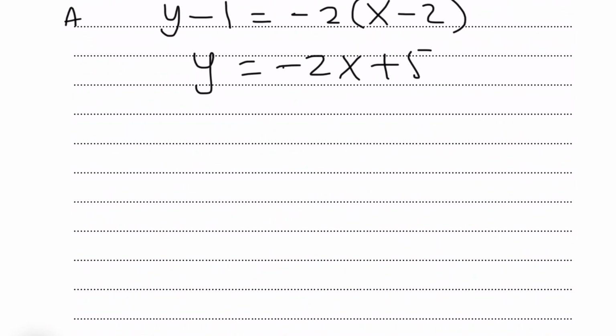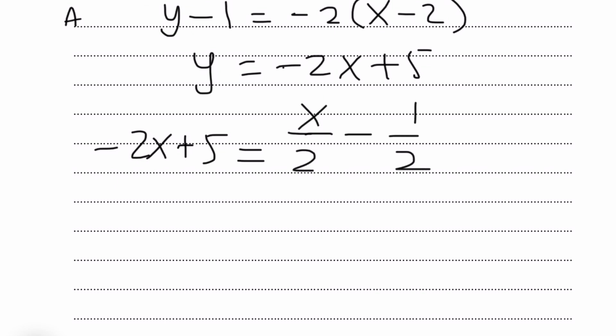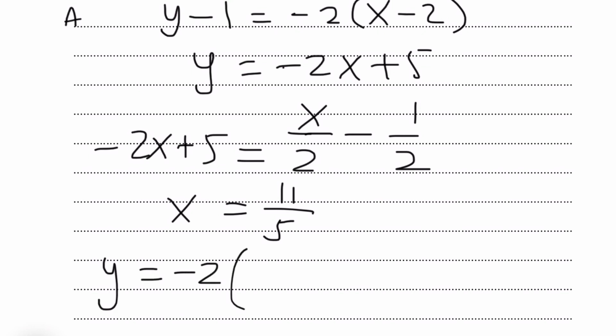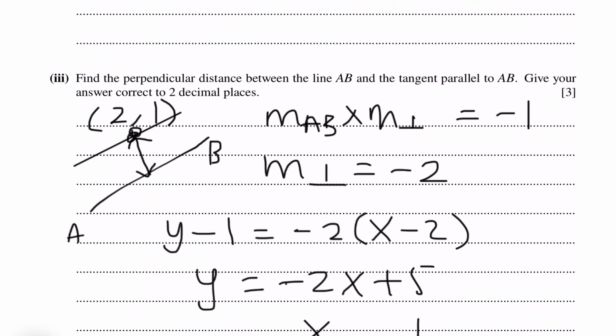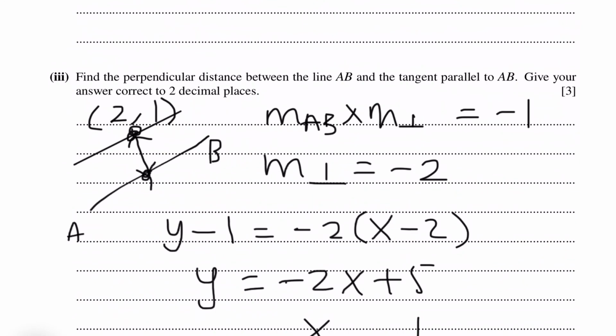When it intersects the line AB, -2x plus 5 should be equal to the equation of line AB, x over 2 minus half. So x will be 11 over 5. And when x is 11 over 5, your y should be -2(11 over 5) plus 5. This is equal to 3 over 5. So this is (11 over 5, 3 over 5).